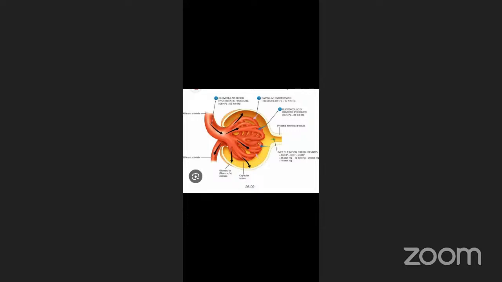Abdullah says the blood plasma proteins. What substances are filtered out to form the glomerular filtrate? Once it is filtered out, it gets to the Bowman's capsule.